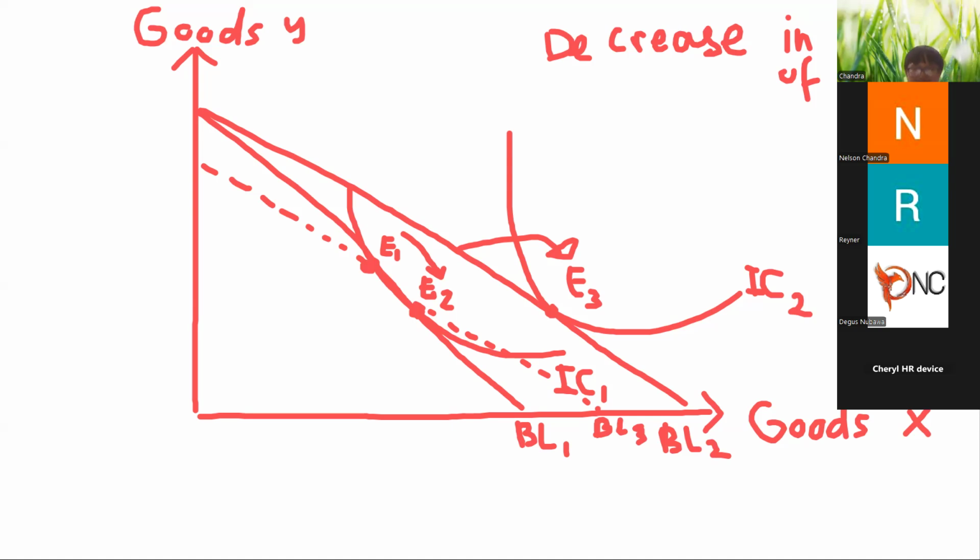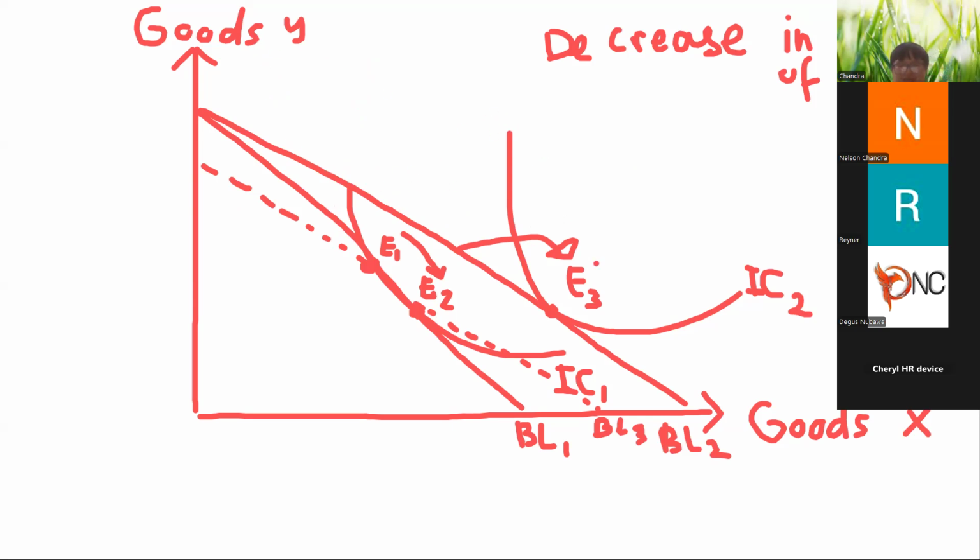After that, you have to determine, is it normal, is it inferior, or Giffen? Because if it's inferior, then the drawing of the indifference curve would be somewhere here. But if it's Giffen, it will be somewhere here.